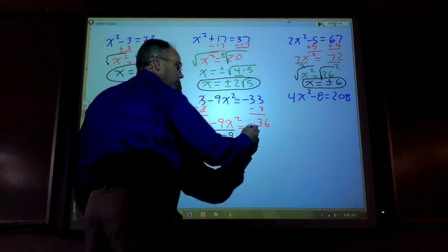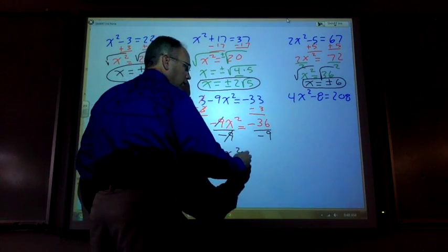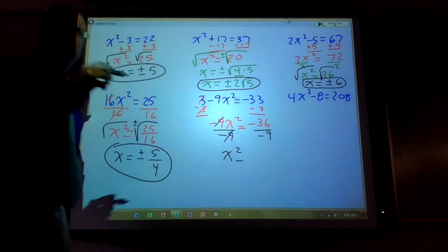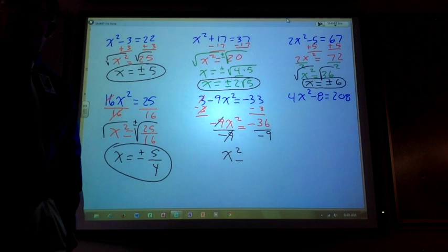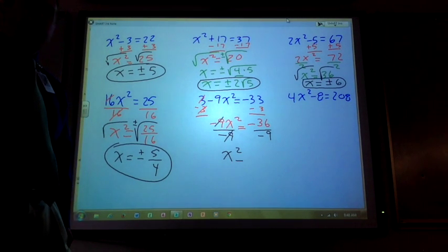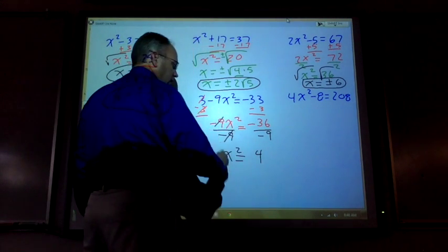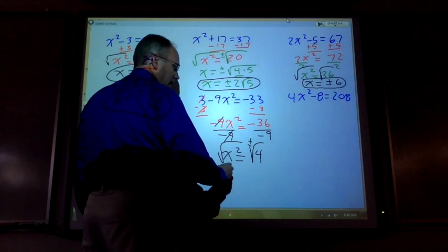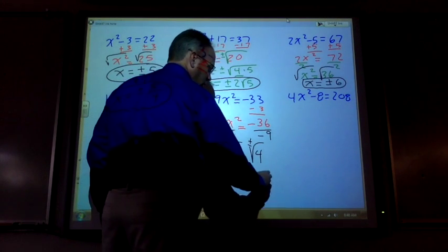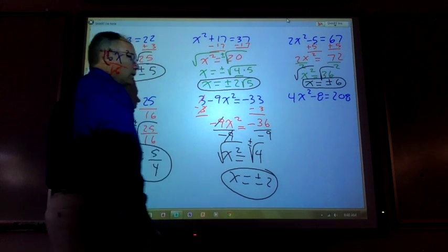Negative 9. Now, this one might be one I can reduce. Negative over negative is positive. 36 over 9 is what? 4. So if I take the square root of both sides, remember I got plus minus, x equals plus or minus 2. Good job.